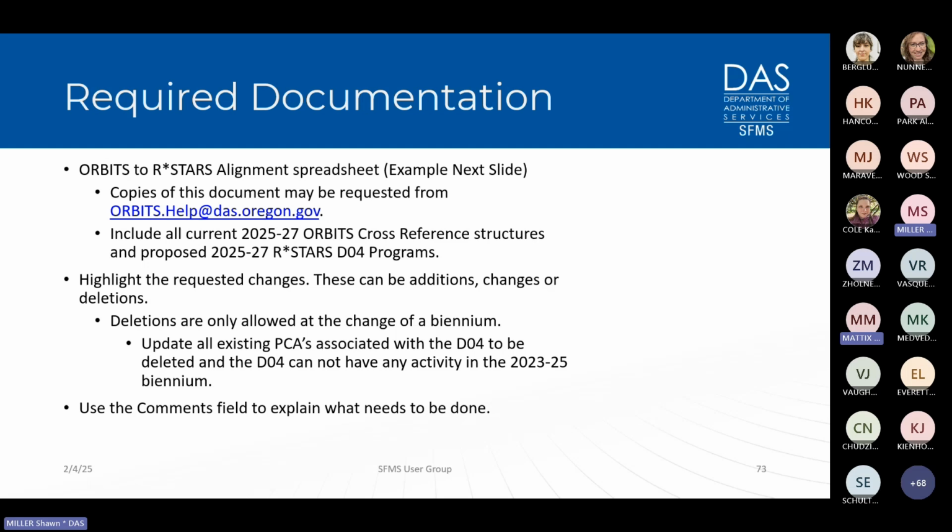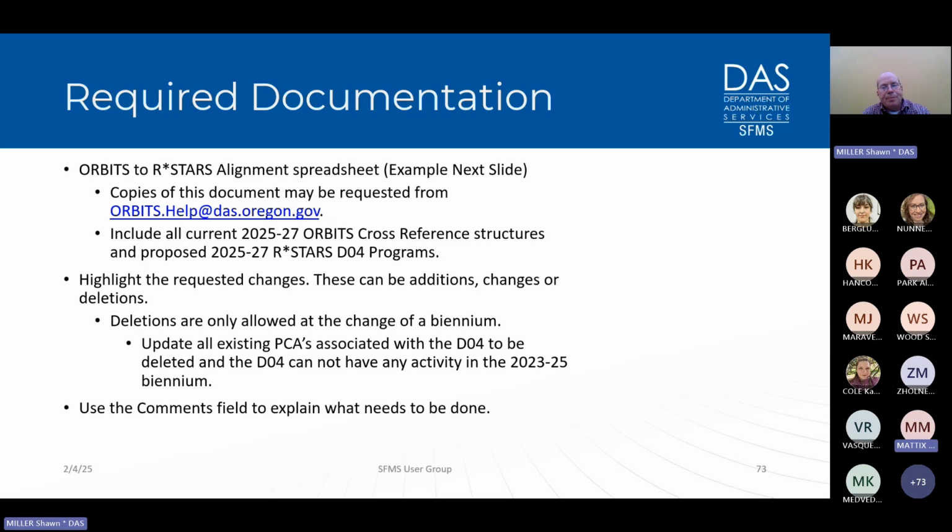So we will have a list of what agencies had DCR and SCR changes, but there may be other lower level changes that you require. So you'll send that in.